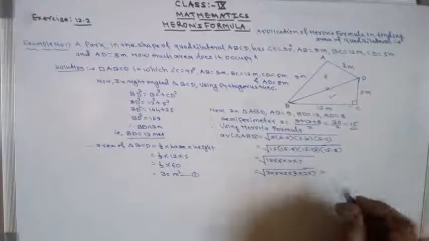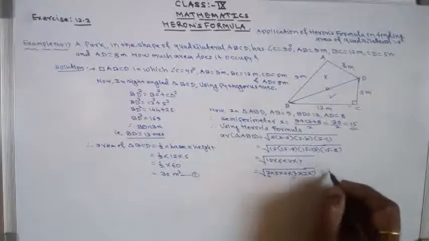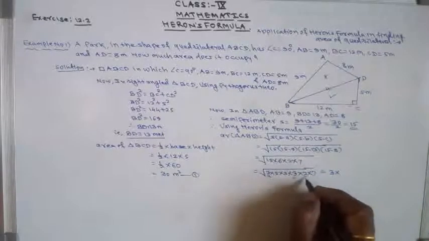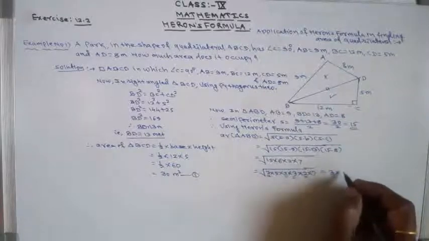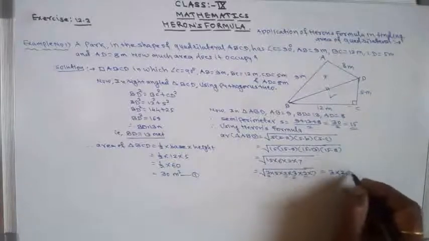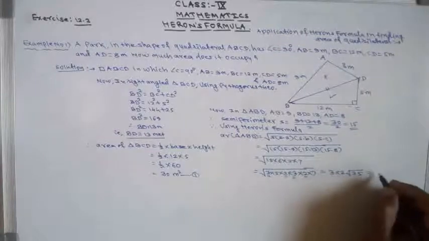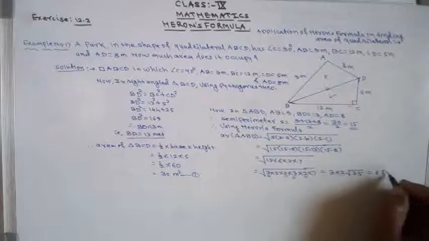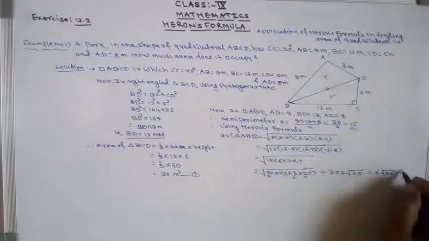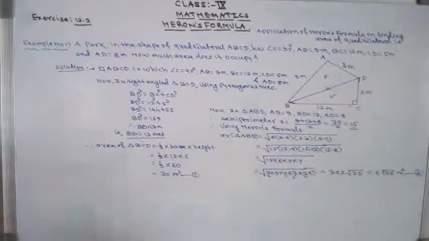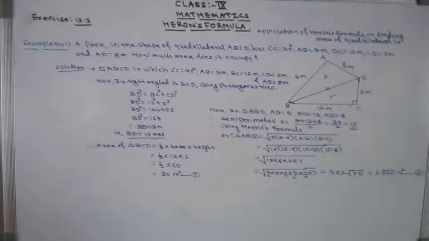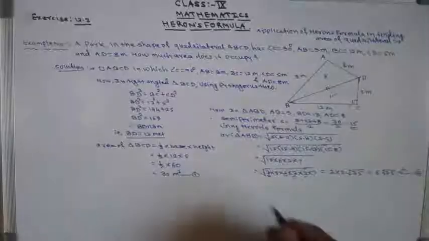So we can take this 3 outside the square root, then this 2 outside the square root, that is 6, then under root 5 and 7 will remain as it is. So 6 root 35 meter square is the area of this second triangle.